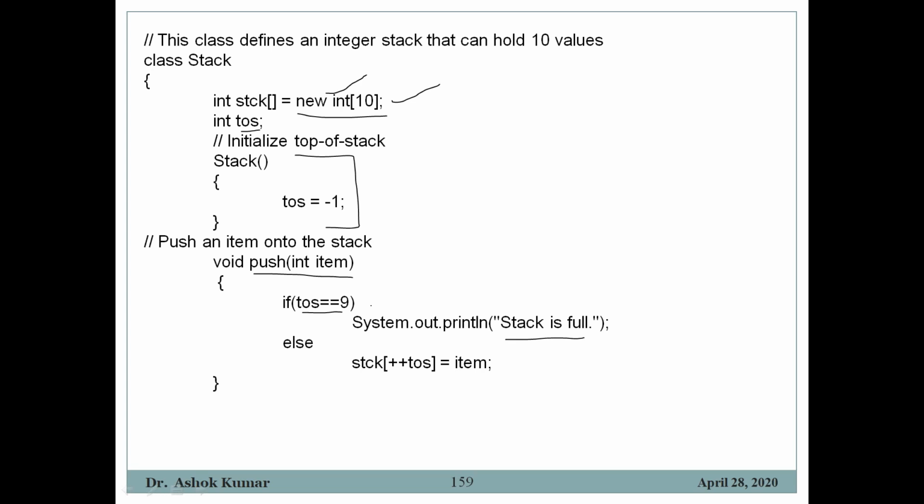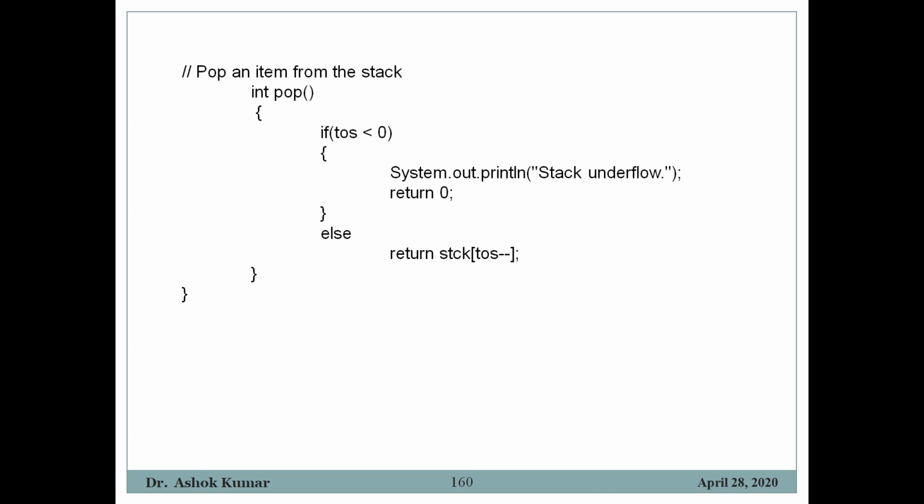In that case, we will increment the value of the top of stack variable by 1, and at the new place we will add the item that is passed to this push method as a parameter. The other method here is pop. When this is called, it will check whether there is an element on the stack or not. If the top of the stack is less than 0, the stack is empty and it will print the message stack underflow.